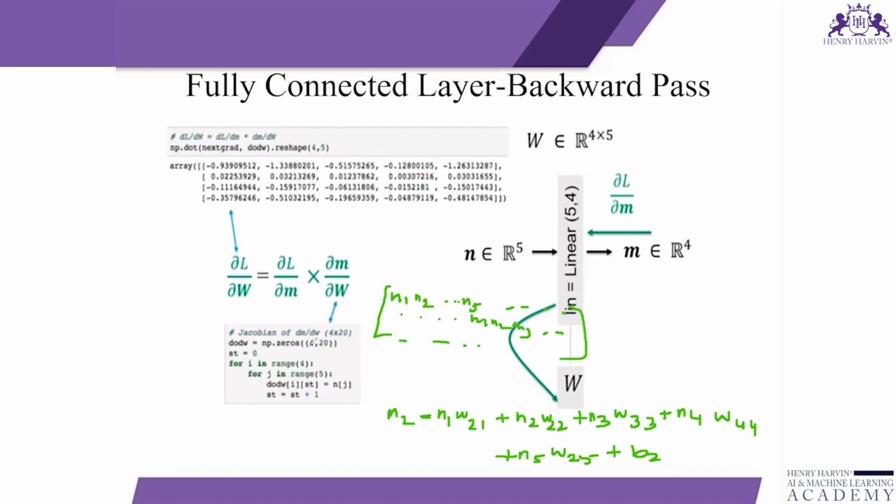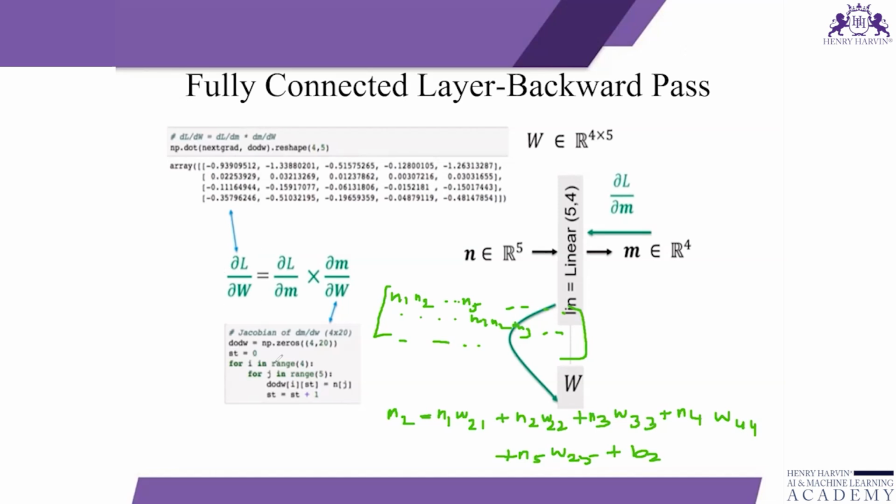So what will be the gradient? What will dL by dW be? It will be simply the multiplication of the gradients coming from the next layer and this dM by dW, which we just calculated.